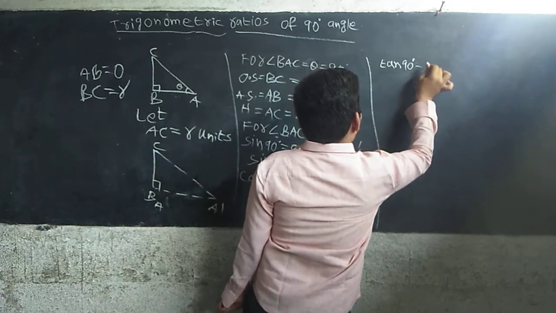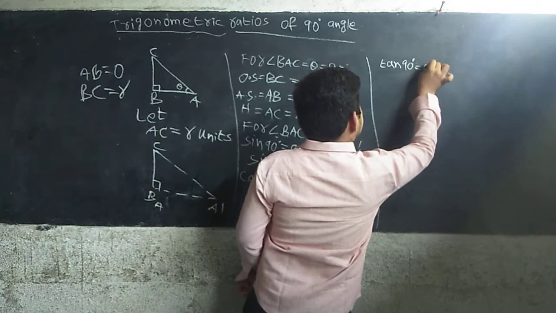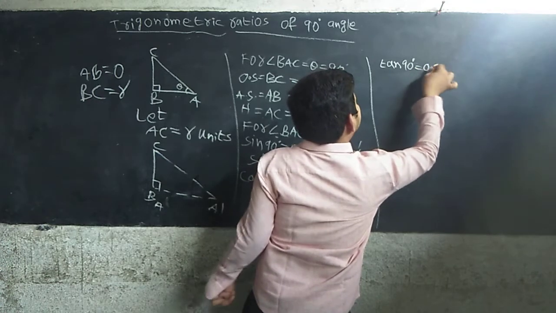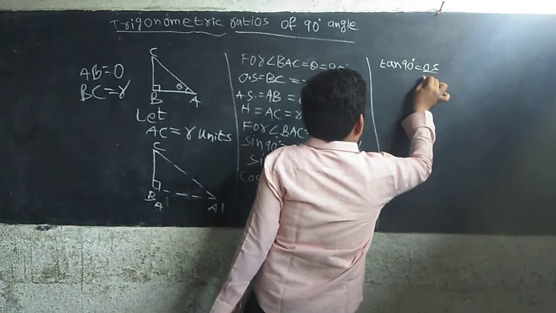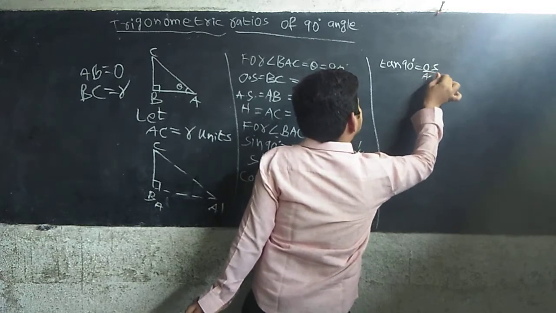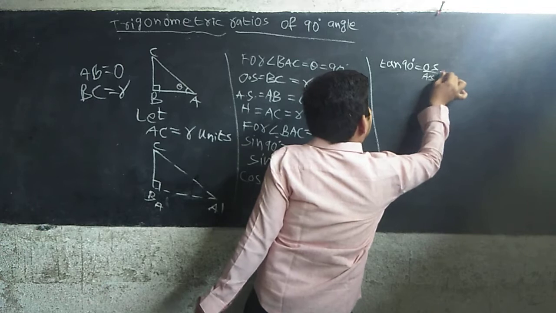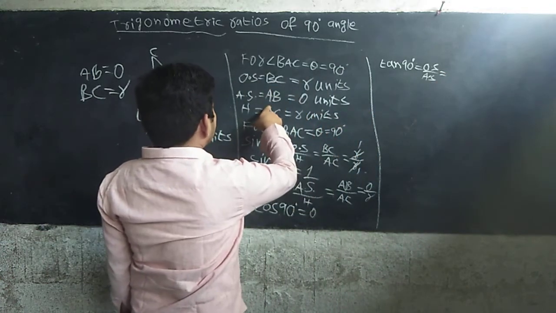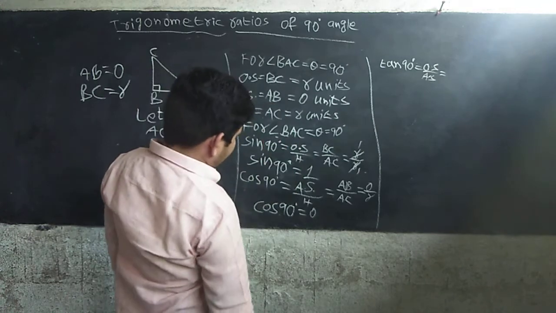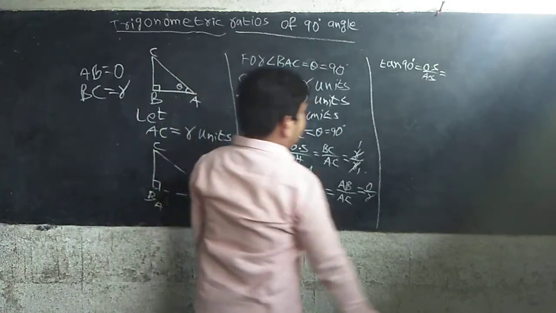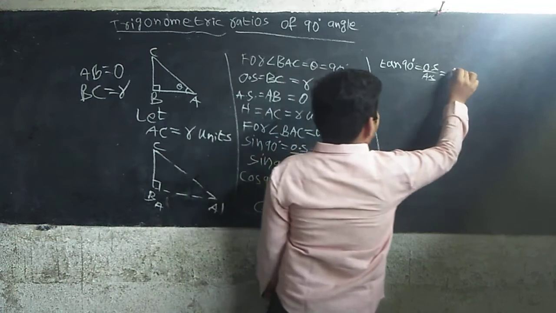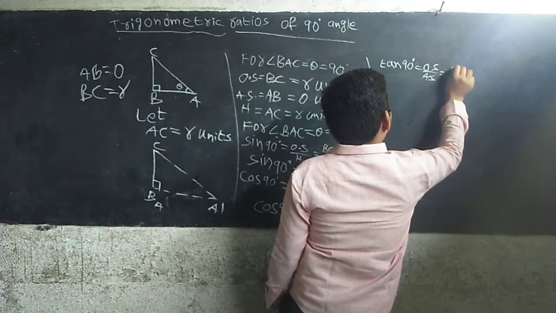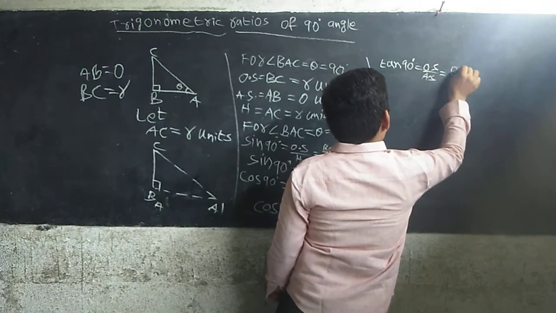Opposite side is BC, adjacent side is AB. So BC by AB.